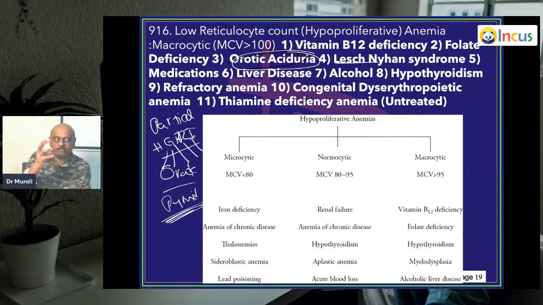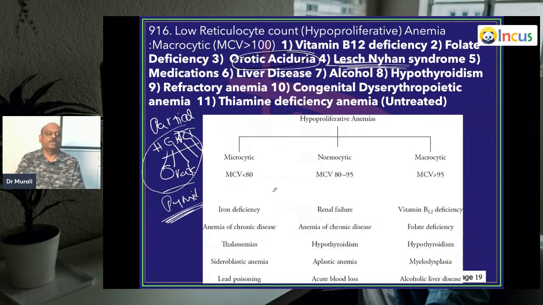PPP, pentose phosphate pathway. It's also called the HMP shunt, hexose monophosphate shunt. There, one of the enzymes you have is HGPRT, hypoxanthine guanine phosphoribosyl transferase, right? And purine metabolism. All this we will discuss in biochemistry. Don't worry. So patients with partial deficiency of HGPRT are called Lesch-Nyhan syndrome.